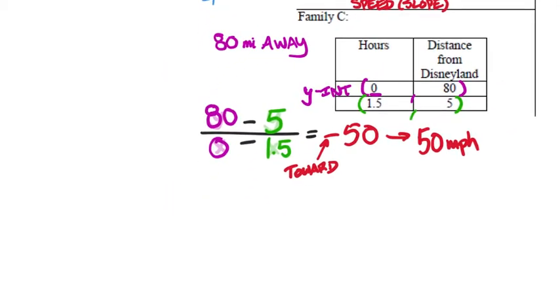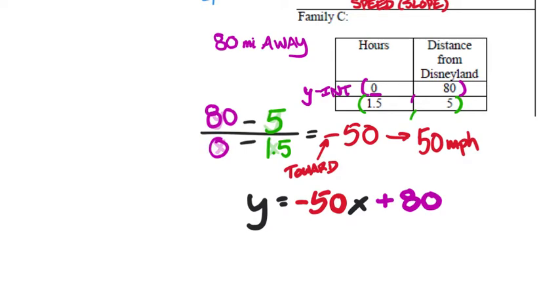Okay, so we have the equation. I'll use the equation again. Now, would you need the equation? Not necessarily. But I'm going to use it because it's convenient. So this is my equation. Y equals, the slope here was 50, but it's negative 50 because you're getting closer to Disneyland, x. Then we see the y-intercept, they're 80 miles away to start out with. But again, the x's represent hours, and it's even shown in the table.